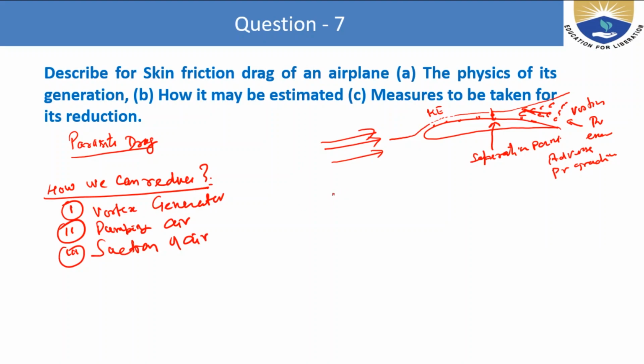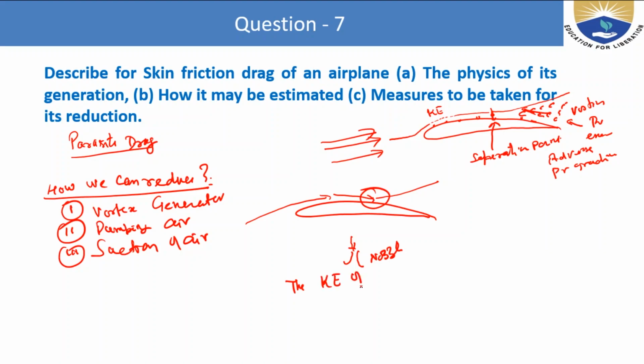And what is this vortex generator? If this is your aerofoil, your flow is going from here, and it is separating here, then at this point we will make the vortex generator like these strips. Air will enter from here, and it will act as a nozzle. The kinetic energy of the flow will increase, and this will push the flow further forward.